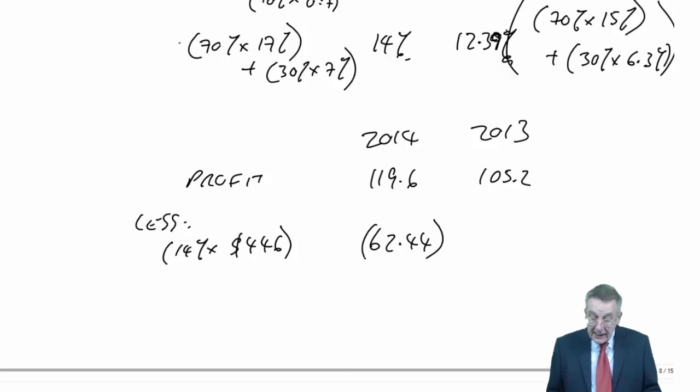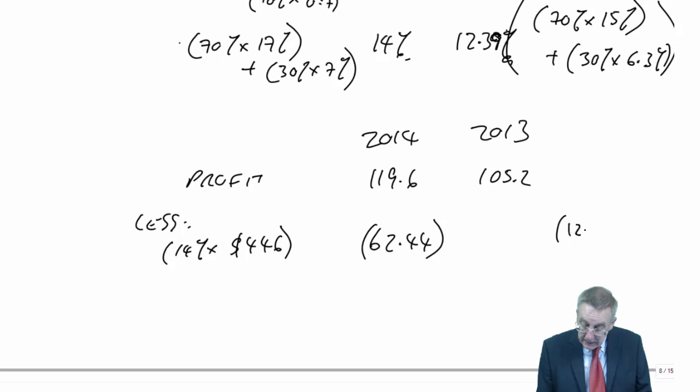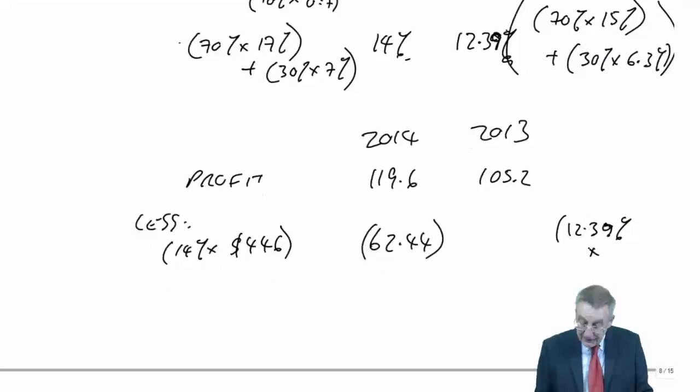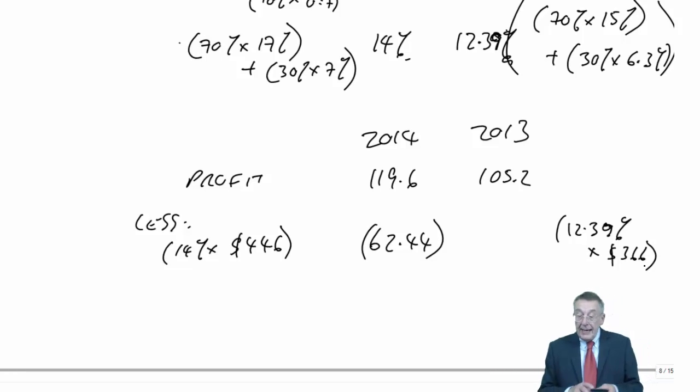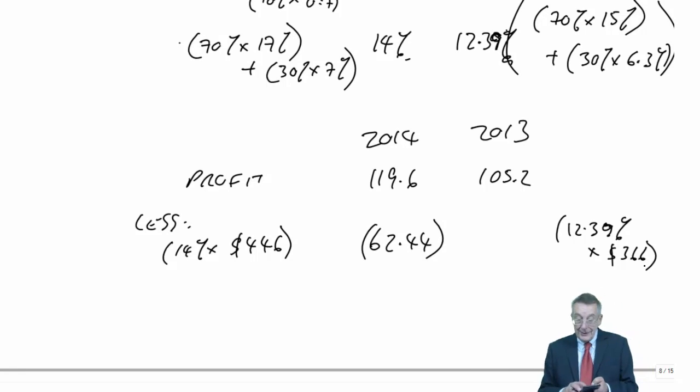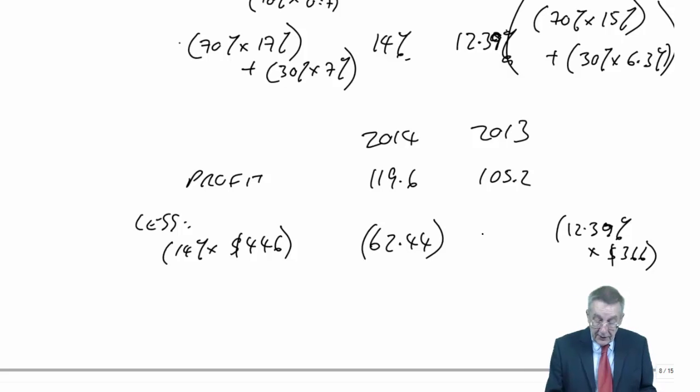And for 2013, the interest rate is 12.39%. The opening capital employed was 366. And so the interest to be subtracted is 45.35.